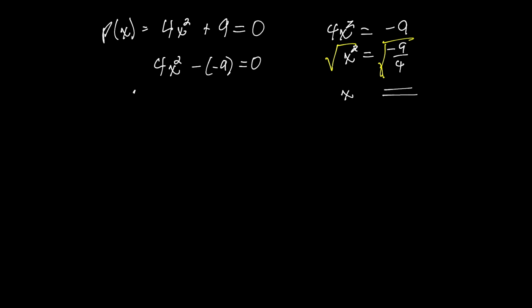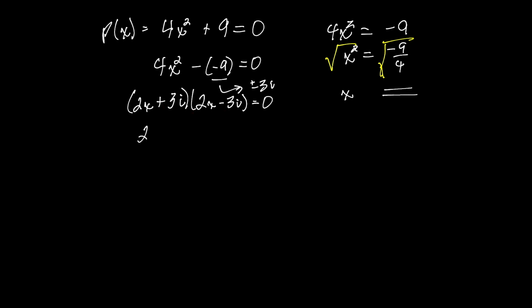So let me do 2x plus, what's the square root of negative 9? Plus or minus 3i. So 2x plus 3i times 2x minus 3i. Now it becomes kind of clear that you're looking at a plus or minus 3 halves i. If this times that is equal to 0, either this is 0 or that is 0.